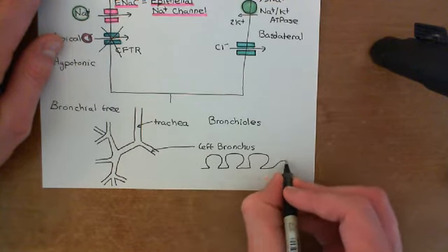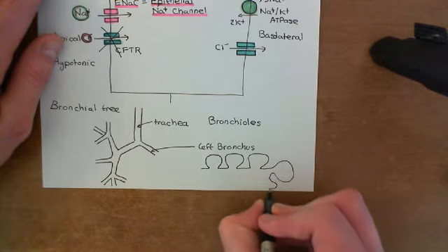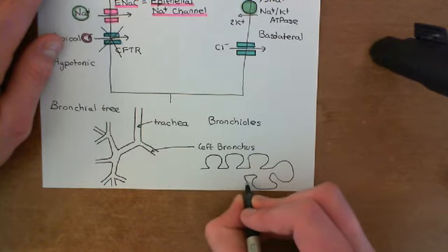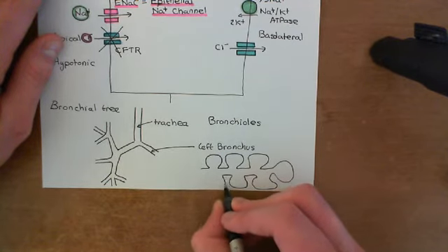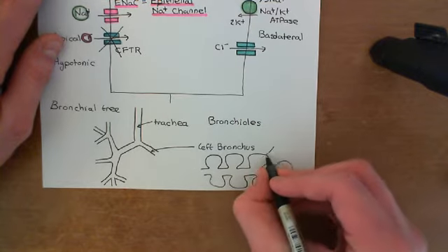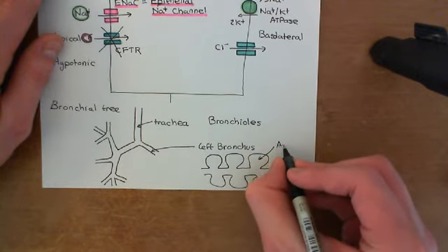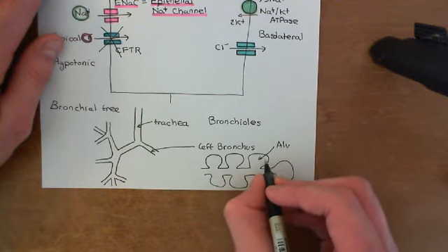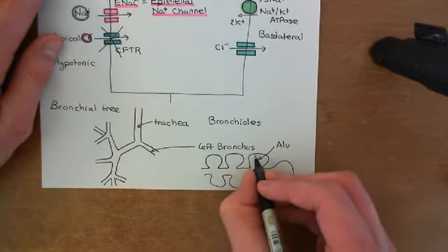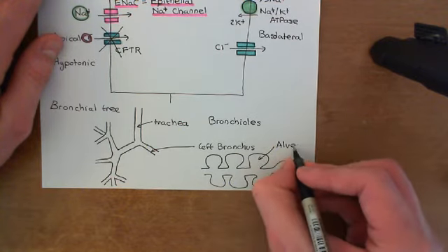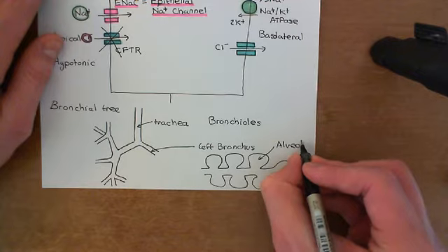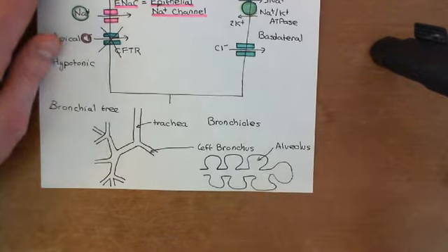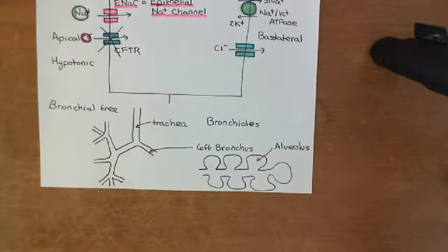Then we might have another one here, another one here, another one here, like so. So these are alveoli, and they will be surrounded by a very rich capillary network, which will be taking oxygen from these air spaces into the blood, and then delivering it back to the left ventricle. So this is an alveolus, that's the singular; alveoli is the plural.